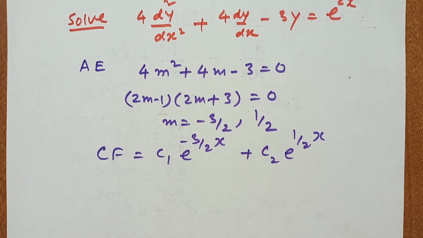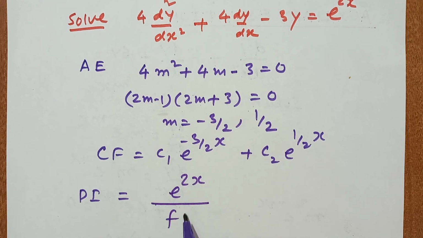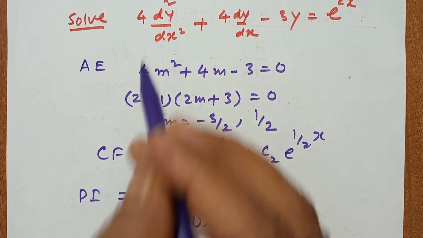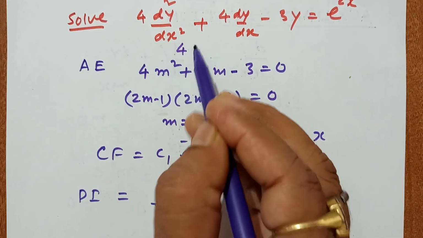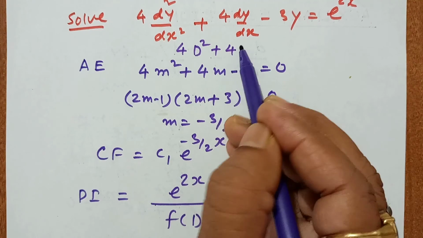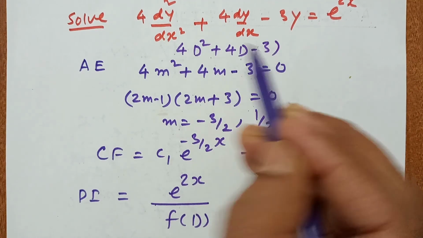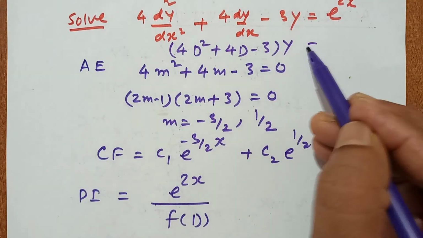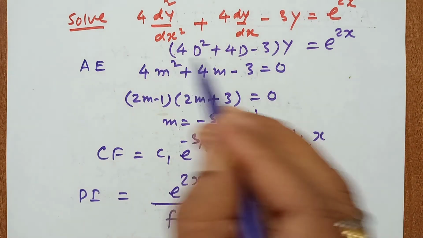Now the particular integral. What is the particular integral? The right hand side Q is e to the power 2x upon fD. So what is fD? You can write 4D2 plus 4D minus 3 y equal to e to the power 2x. So this is fD.